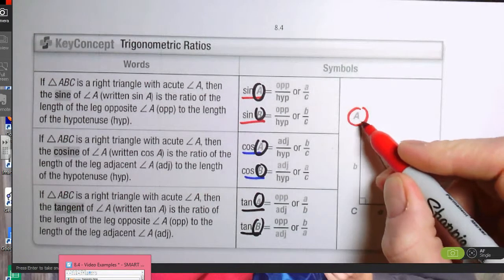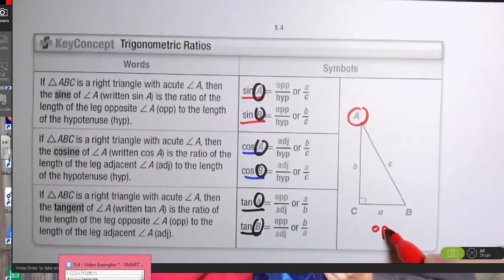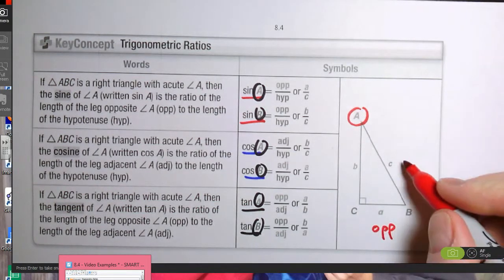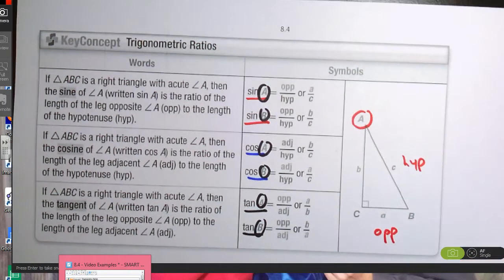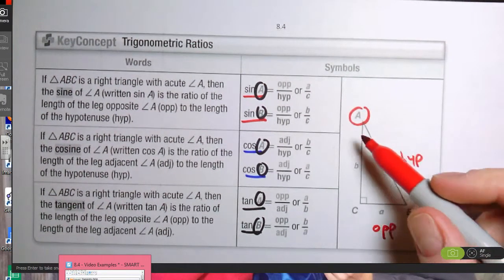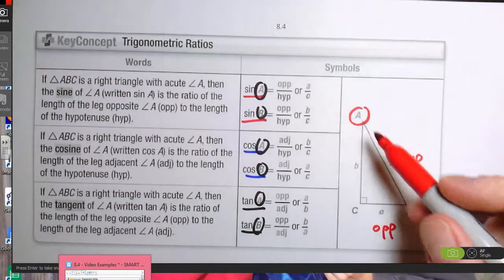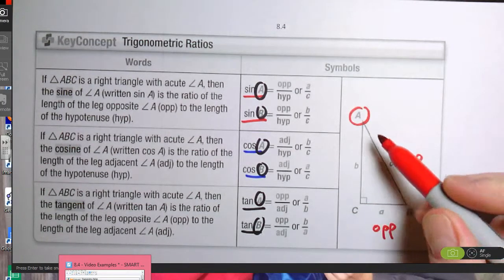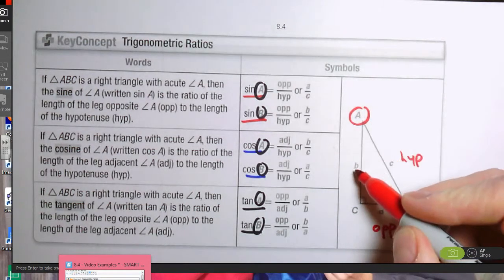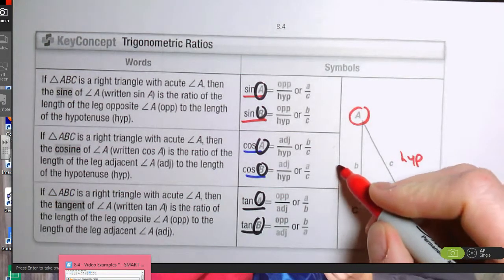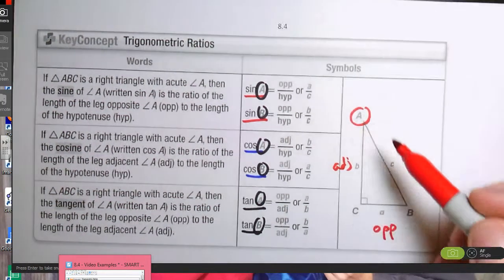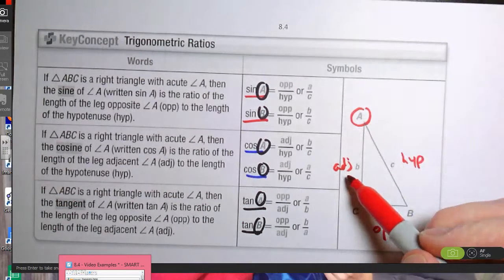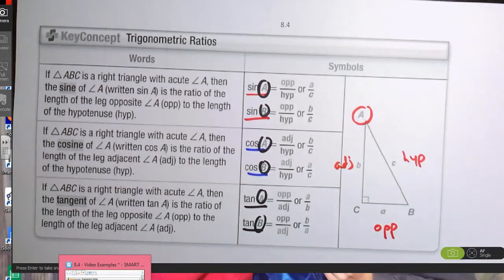So angle A, the side directly across from it, is side A. The hypotenuse always stays the same. That doesn't change. And then the next side is called the adjacent side, and that's the side that's left over when you don't have the opposite and the hypotenuse, but it's the one next to the angle that's not the hypotenuse. So for angle A, this is the opposite, this is the adjacent, this is the hypotenuse.